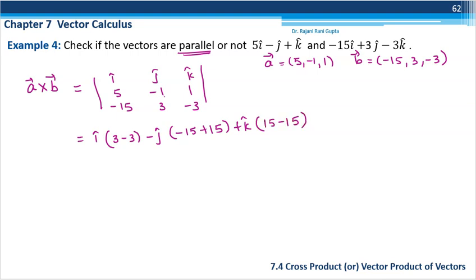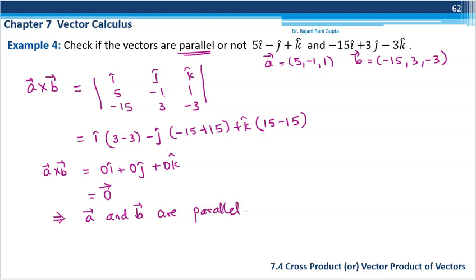So what you see, you get 0i plus 0j plus 0k. With 0 you can write either plus or minus, doesn't matter. So what you got? The cross product as a 0 vector. So this implies that these two vectors A bar and B bar are parallel.